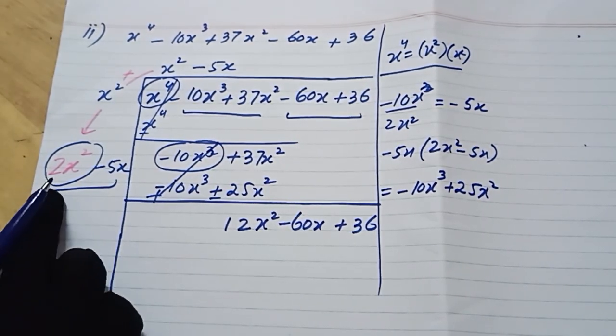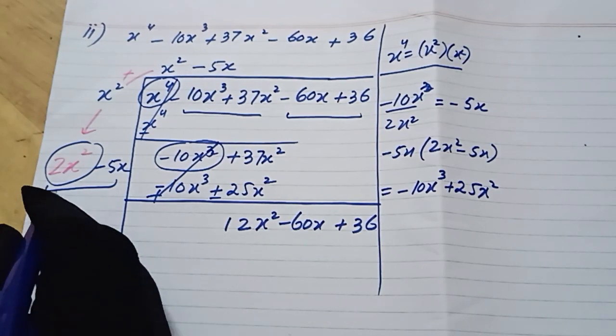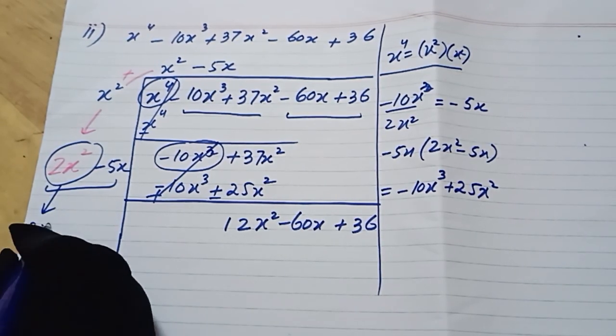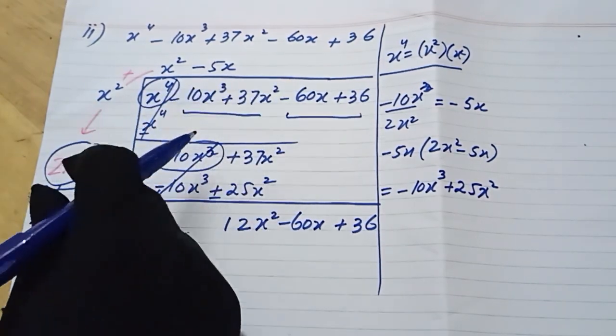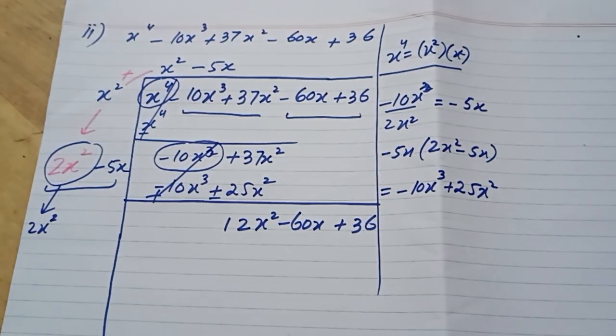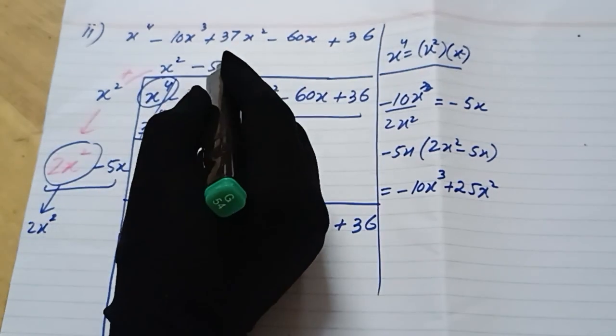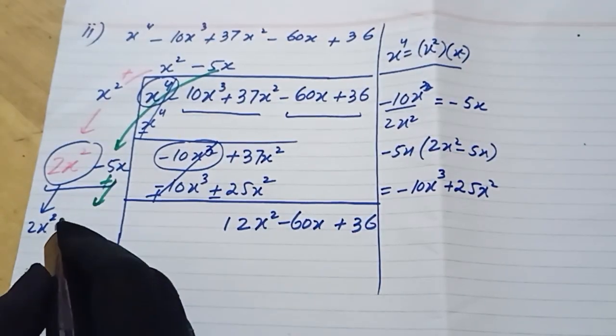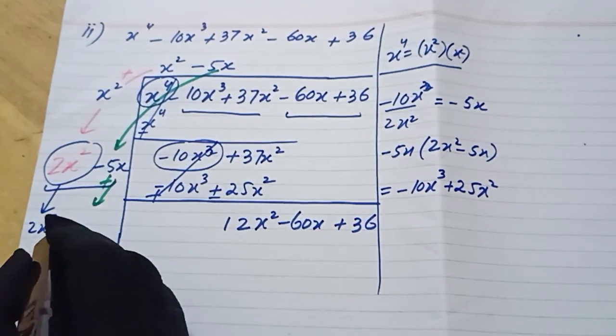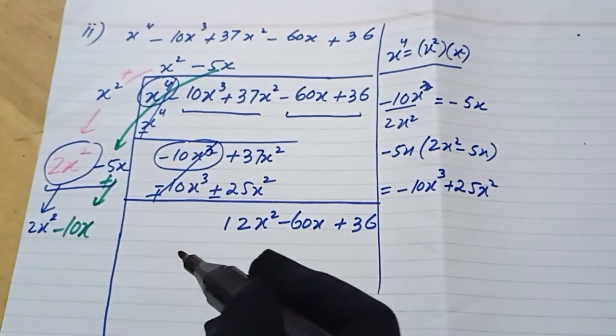First 2 terms we will take as it is, like the first term will come as it is now, because this one is already added. Now the second and second term will be added up. Minus 5 and minus 5 add to give you minus 10x.